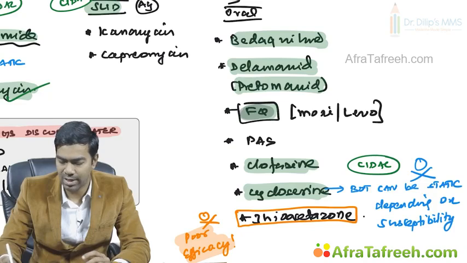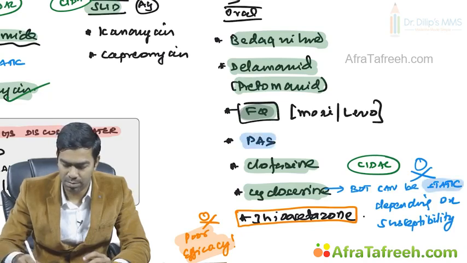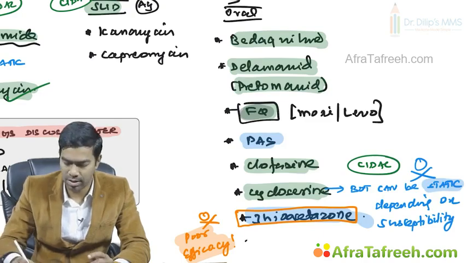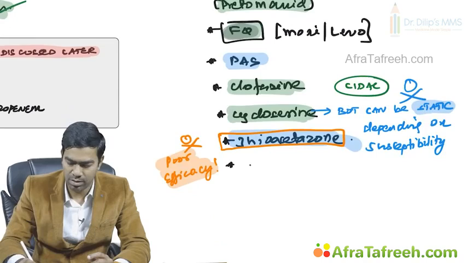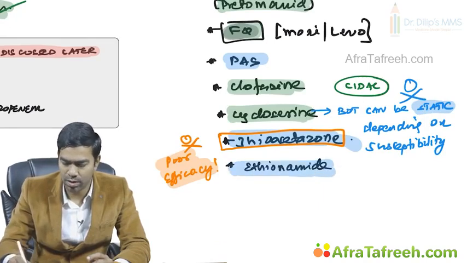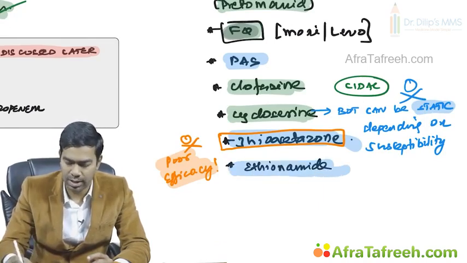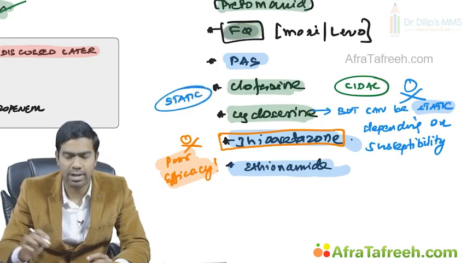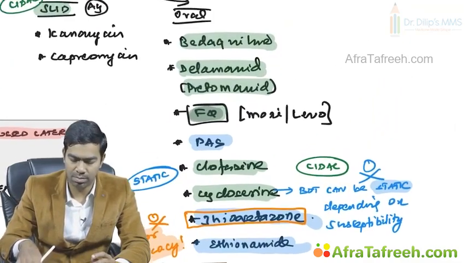Clear? But what are the static agents? We have PAS, we have thioacetazone, and I think I missed one drug, that is our famous ethionamide. This also is going to be a static agent, which means I can draw this in blue as bacteriostatic agents. How can I remember this? Very, very simple.